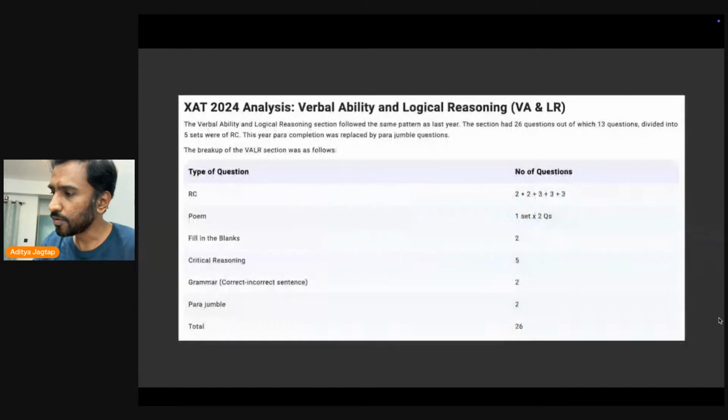Okay. So for starters, this is a screenshot from the Career Launcher website, and we have a detailed analysis each year. So this is just the VALR analysis.